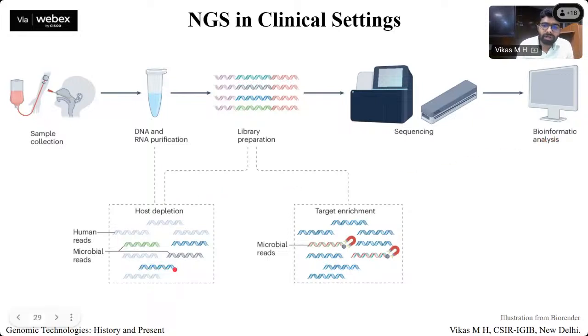Once the sequencing is done, we can remove the host sequences, because we already know the human sequence, and look only at the microbial reads and determine, say in terms of TB infection, what this particular strain of TB is resistant to. So you can find out what resistance genes are present, and you can treat accordingly to get rid of the infection.